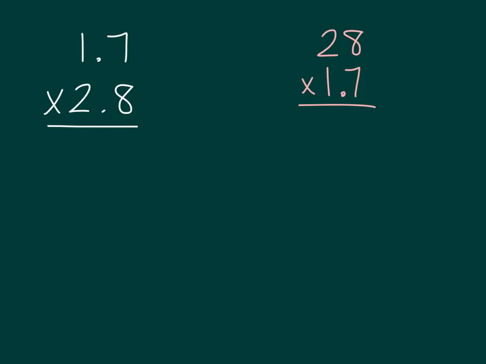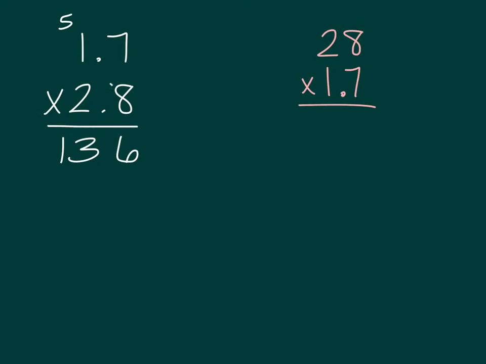So basically we just multiply like normal, like this was a 2-digit by 2-digit number. So we're going to multiply the 8 times the 7 and then the 8 times the 1. So 7 times 8 is 56. 8 times 1 is 8 plus 5 is 13.